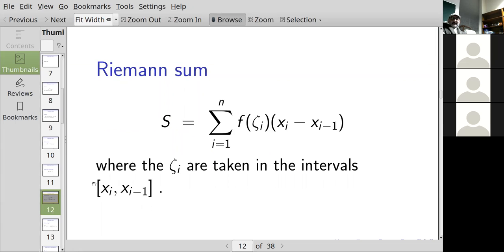I should have written those in the opposite order. I'll fix that in the notes. That's the base of the ith rectangle, and within that base I want you to pick a point zeta i.